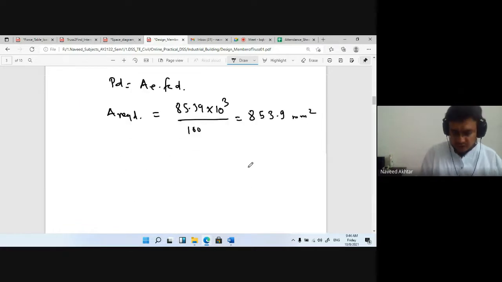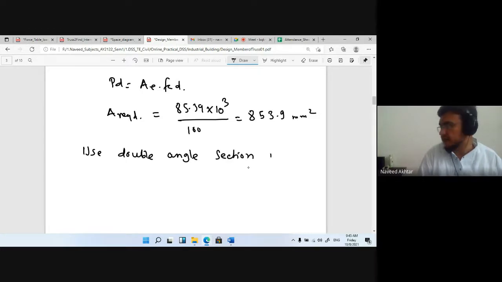So here use double angle section in rafter, two ISA.